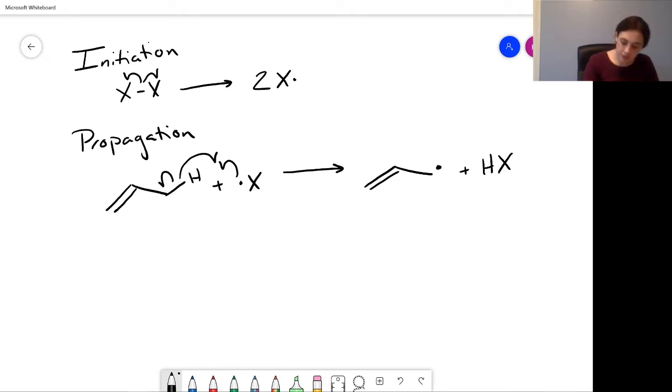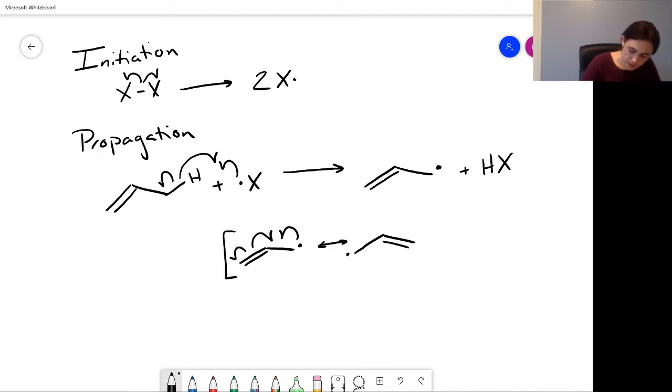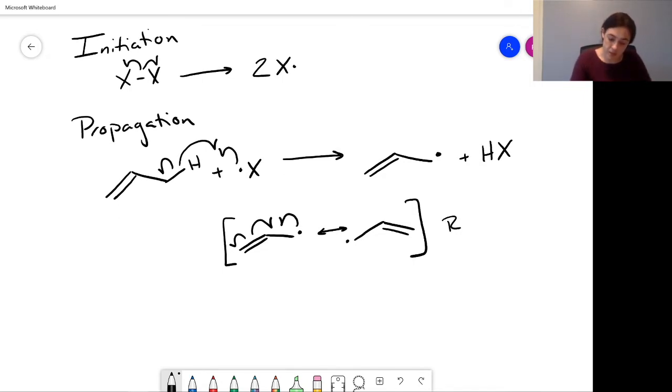Now this radical is stabilized through resonance. Right, so we can resonate through radical processes to indicate a sharing of the radical across the two terminal carbons shown here.